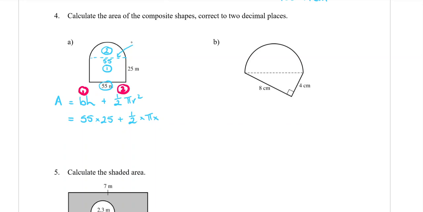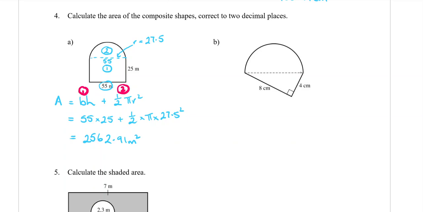If I want the radius, I'm going to need to divide that by 2. 55 divided by 2 is 27.5. So it'll be 27.5 squared. Type that whole thing very carefully into your calculator, and you should get 2,562.91 meters squared.